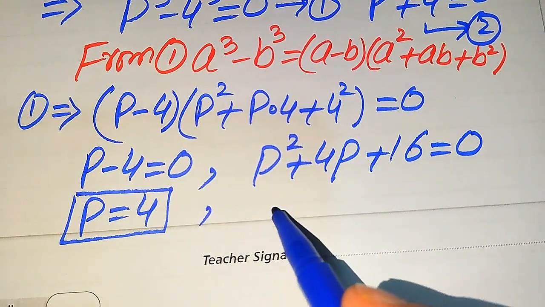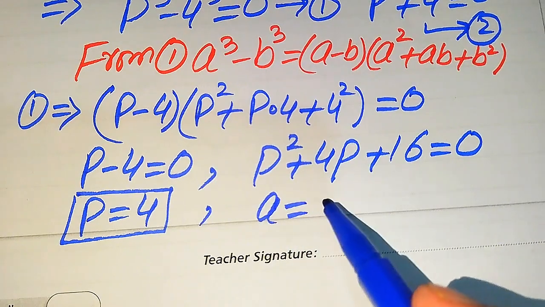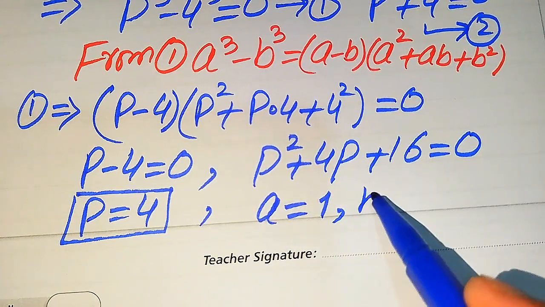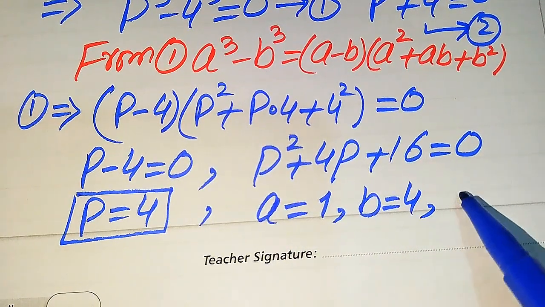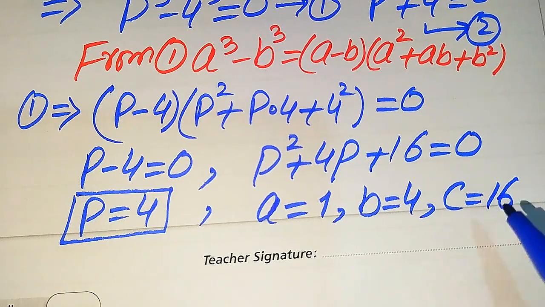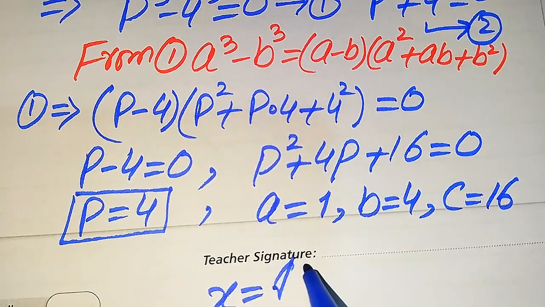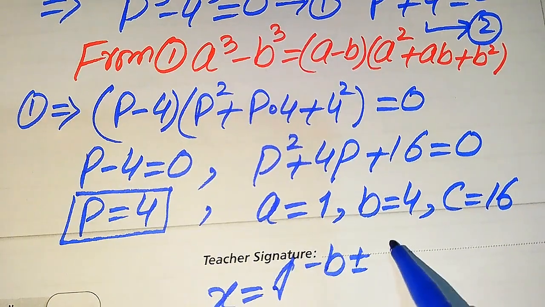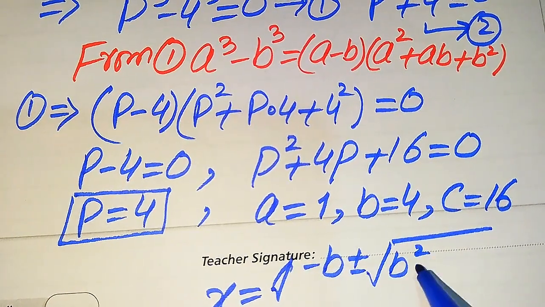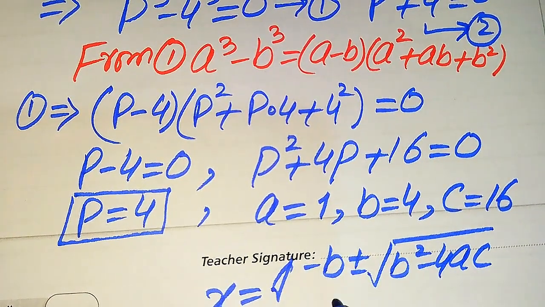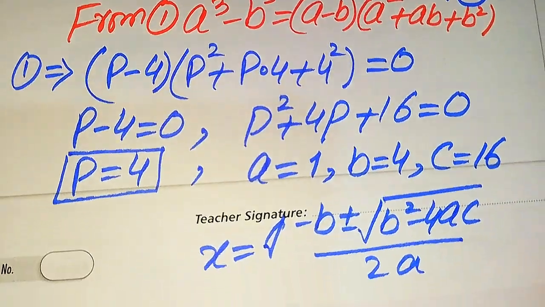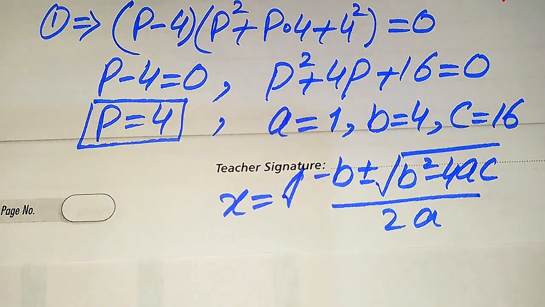For this first we write the coefficients of this equation, and its coefficients are a equals 1, b equals 4, and c equals 16. And we state the quadratic formula as minus b plus minus square root of b square minus 4ac, divided by 2a.